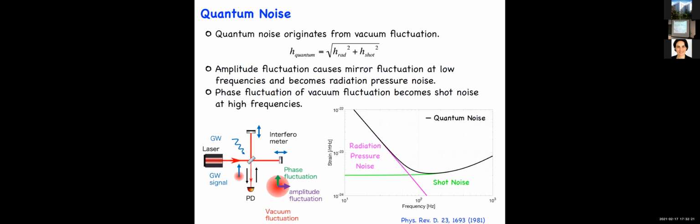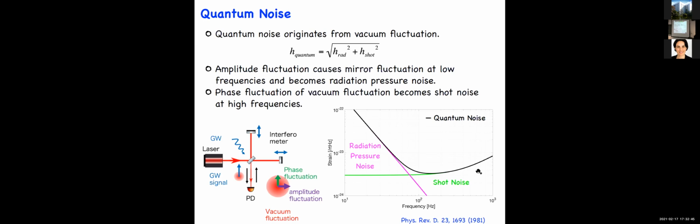The amplitude fluctuation causes mirror fluctuation at low frequency and becomes the radiation pressure noise. The phase fluctuation of the vacuum fluctuation becomes the shot noise at high frequency, as you can see on this green curve.